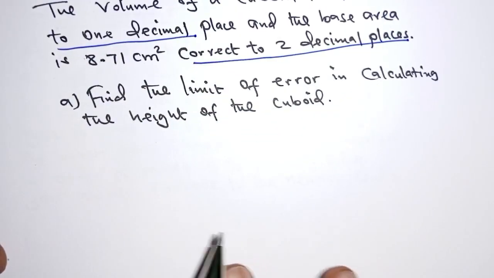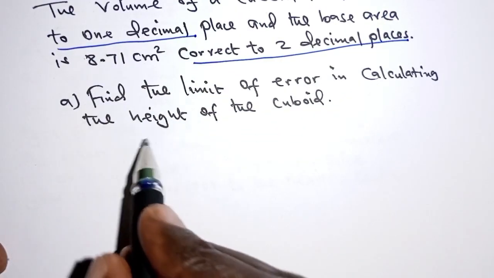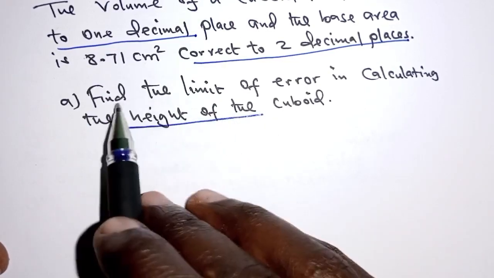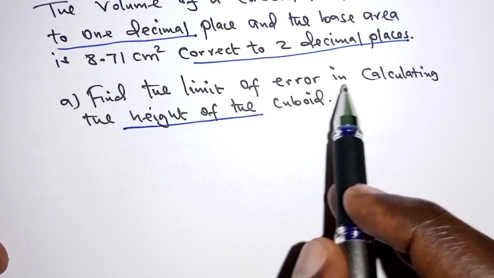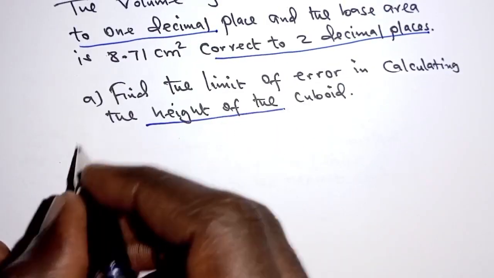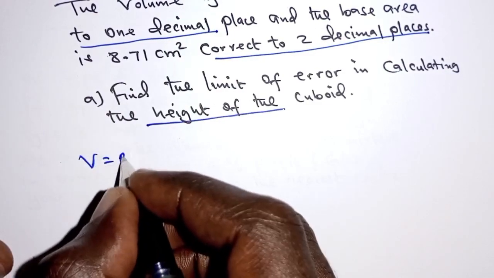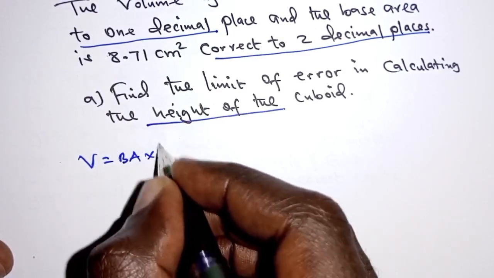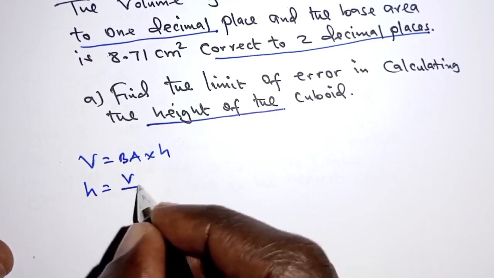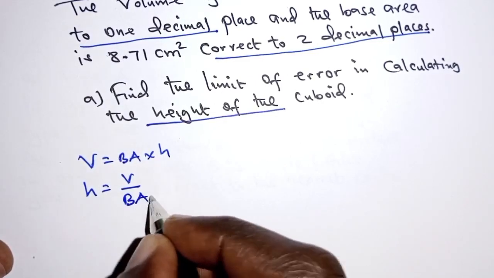Well, the question is about the height of the cuboid, so the limit of error in calculating the height of the cuboid. We know that from the formula, volume is equal to base area times height. The height will be obtained as volume over the base area.